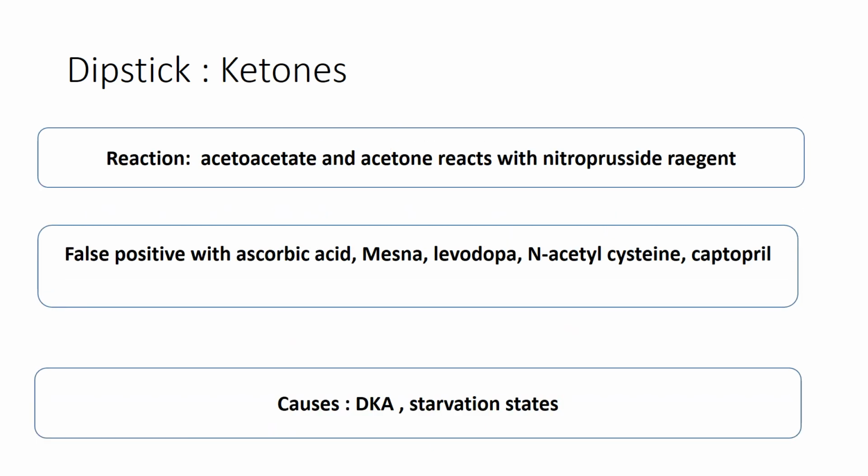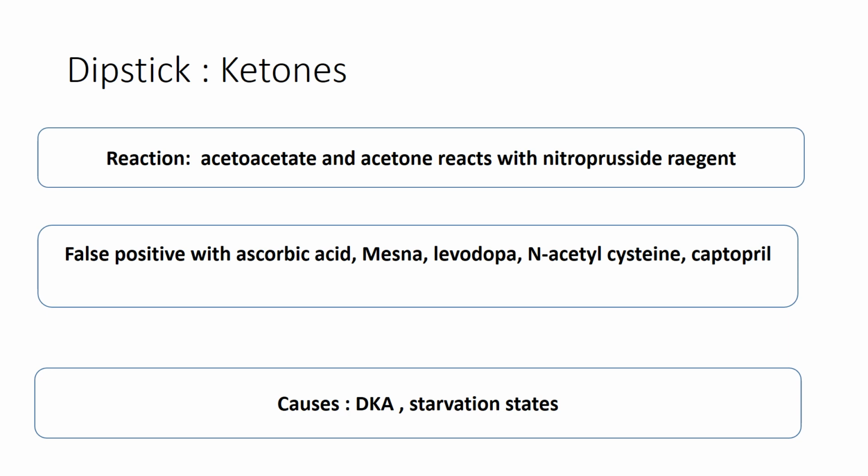Ketones in urine. So you're getting these ketones reacting with nitroprusside on the reagent strip. Ascorbic acid, mesna, that we use when treating patients with cyclophosphamide, levodopa, captopril, N-acetylcysteine may actually give us a false positive.